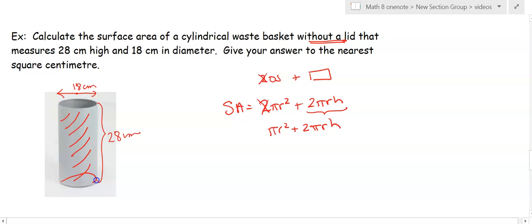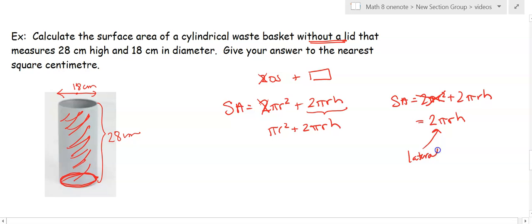If there was no circle on the bottom, like a roll of cardboard in a paper towel roll, and I just wanted to know how much cardboard there was and there were no circles, how would I change my formula? Instead of using 2 circles plus the rectangle, I would get rid of both circles and I would just use the rectangle, or I call that the lateral, the curved surface.